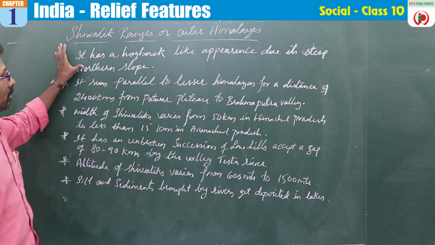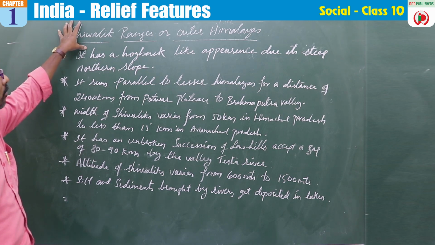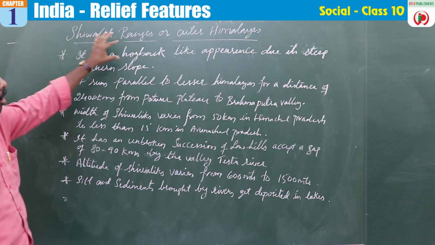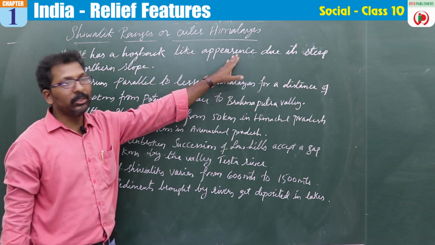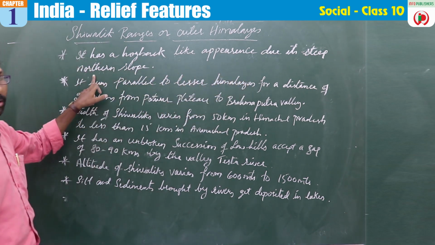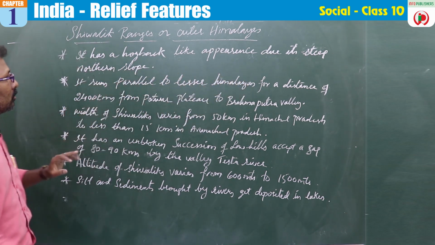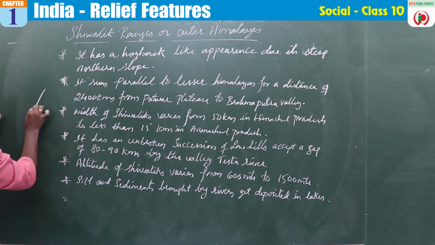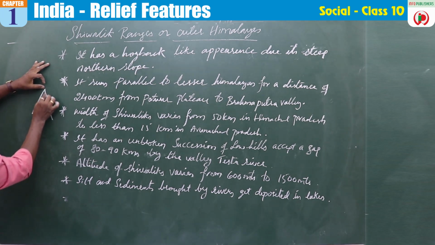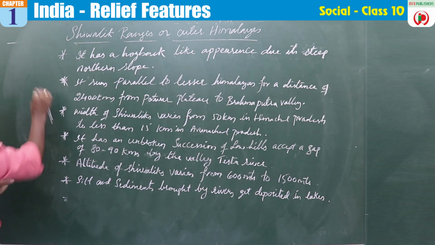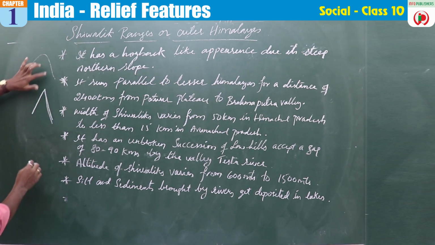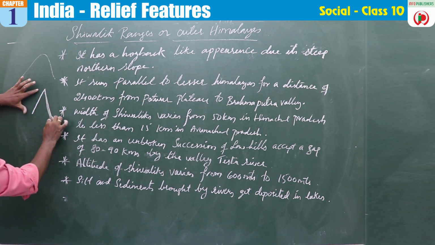So this particular range of Himalayas has a hogback like appearance due to its steep northern slope. Right, so here it has a very steep northern slope. Usually mountains are not like this, but here you see it's a very steep slope.